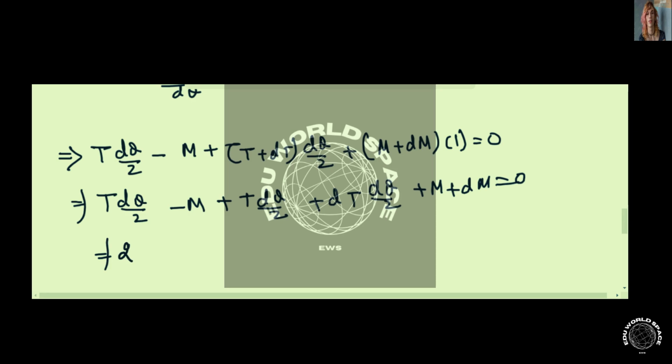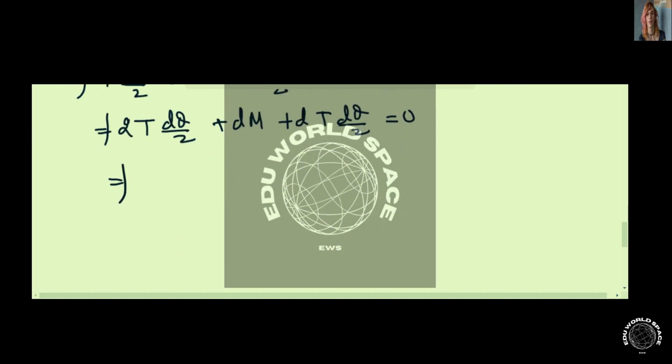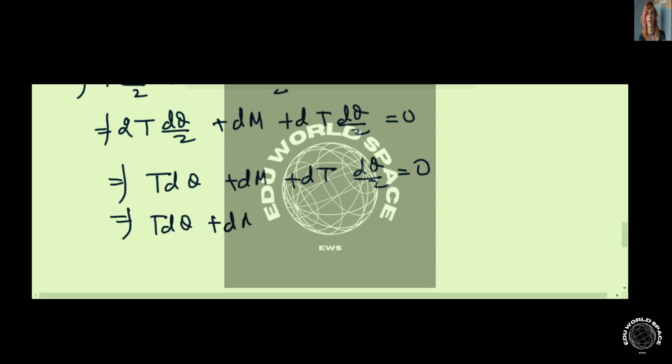This becomes 2T dθ/2 + dM + dT dθ/2 = 0, so T dθ + dM + dT dθ/2 = 0. Neglect second order term. So this becomes T dθ + dM = 0. So dM/dθ is equal to −T.